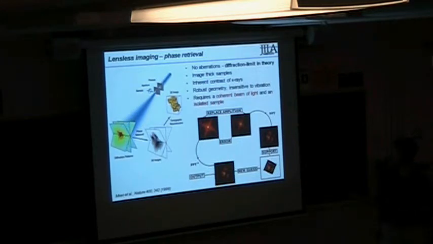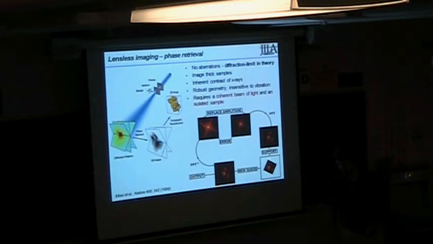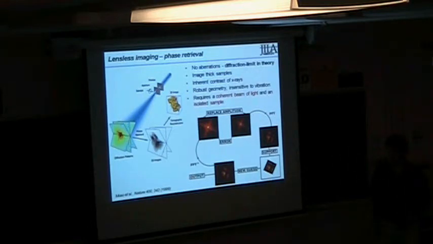Here are some of the advantages before I really get into how this works. Like I said, we don't have any optics between the sample and the CCD, so you're not introducing any extra aberrations into the system. So in theory, we're diffraction limited to basically the wavelength in resolution. And because of the properties of soft X-rays, we have the ability to image thick samples, and we have elemental contrast.